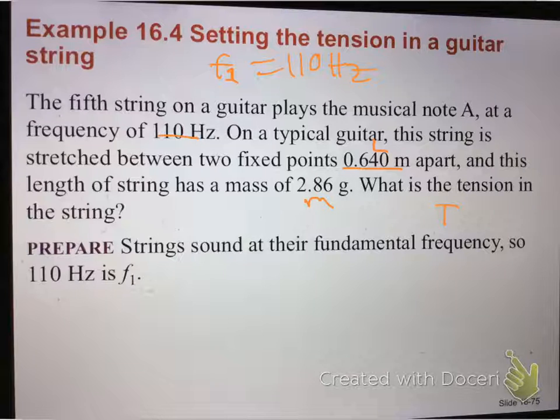Since we're given the mass of the string, one of the first things that we're going to want to do is to find the linear density. That's the ratio of the mass of the string over the length of the string. The mass was 2.86 grams, and to go from grams to kilograms it's 10 to the -3, so that easily converts it to kilograms.